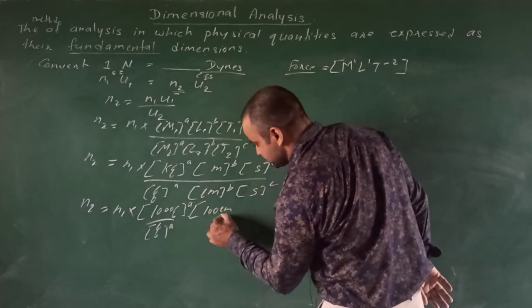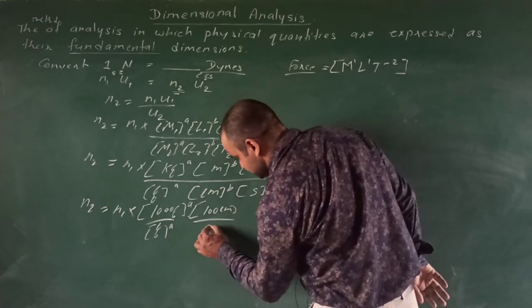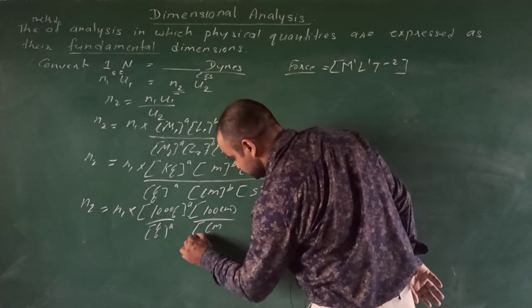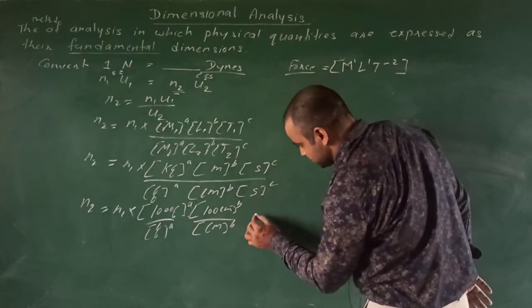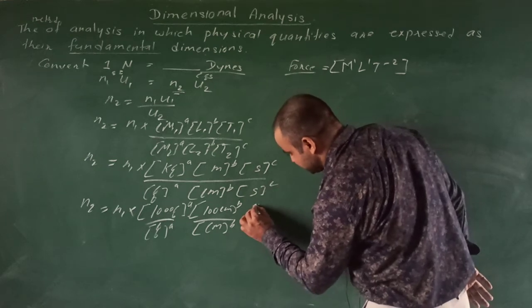1 meter equals 100 centimeters, and time in seconds.